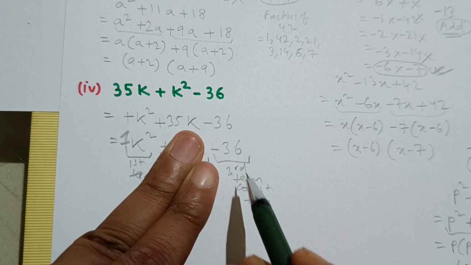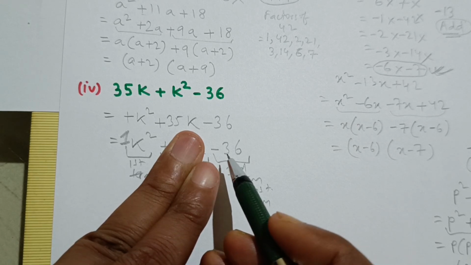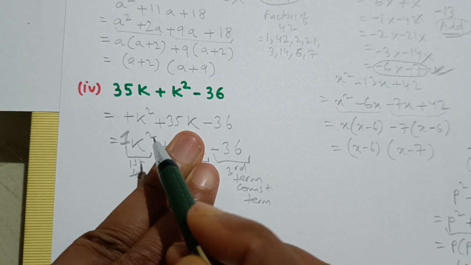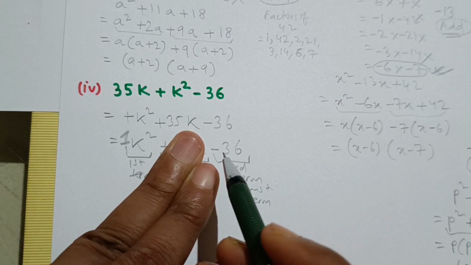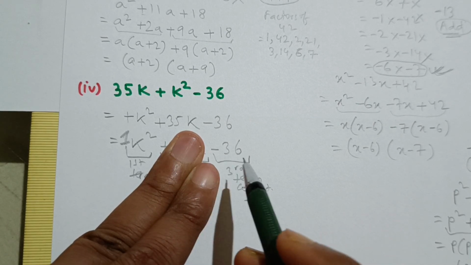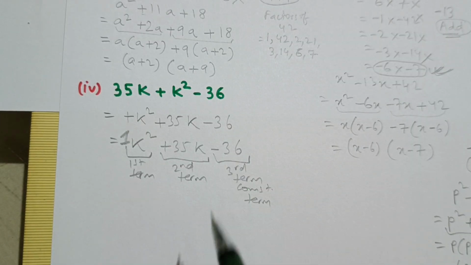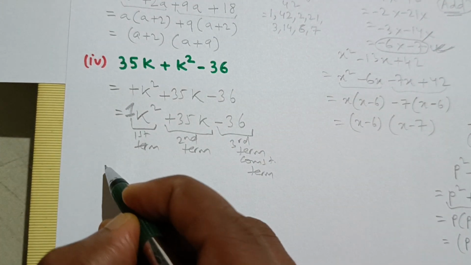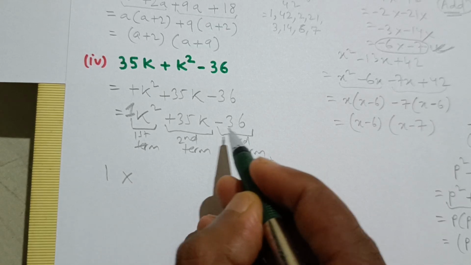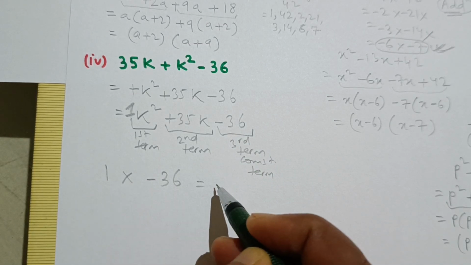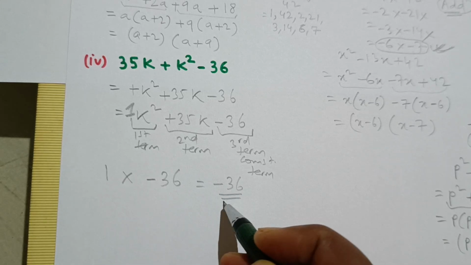Now let us look at the third term, which is also the constant term: minus 36. So you multiply this 1 with minus 36. 1 into minus 36 is minus 36.